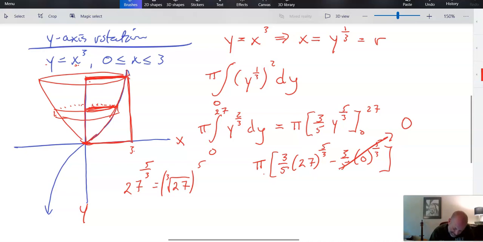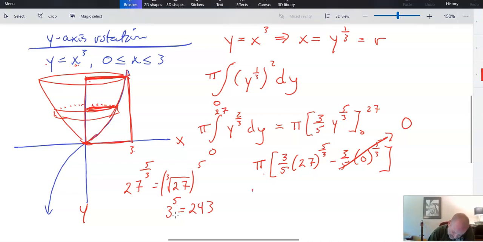See, I did that right? Yeah, cube root of 27 is 3. So that means this is 3 to the 5th, which is 243. Do I have that right? It looks wrong for some reason. No, that's right. Okay. Sorry, I'm just double checking myself as I go. So that means that 27 to the 5/3 is equal to 243.